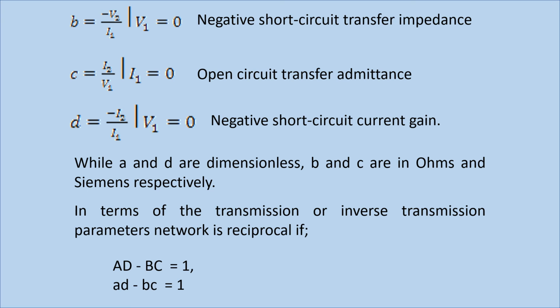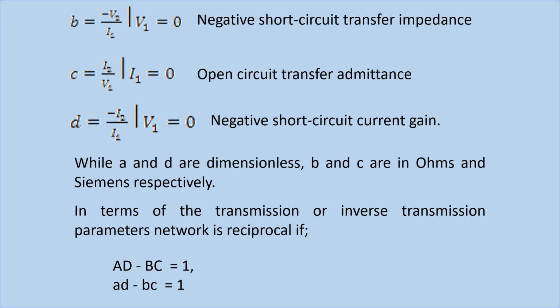So we have our a and d, that is our voltage gain and the current gain, to be dimensionless. They have no units. While our b, the negative short circuit transfer impedance, has the SI unit in ohms, and our c, our open circuit transfer admittance, has Siemens as its unit.